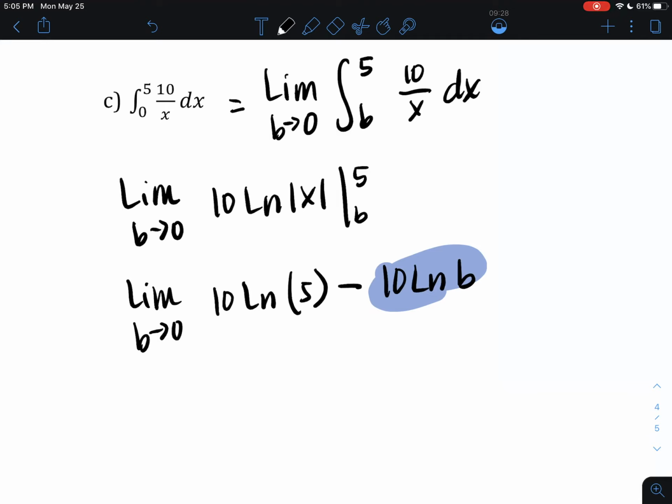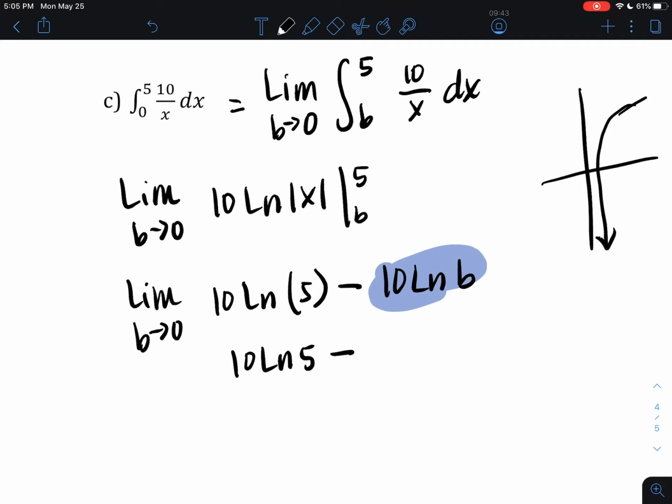The part I'm looking at as a limit is that here it's just 10 ln of 5 minus, well, if we look at the graph, if I graph it real quick, the graph goes something like that.